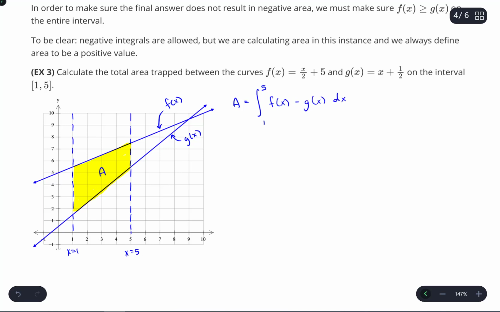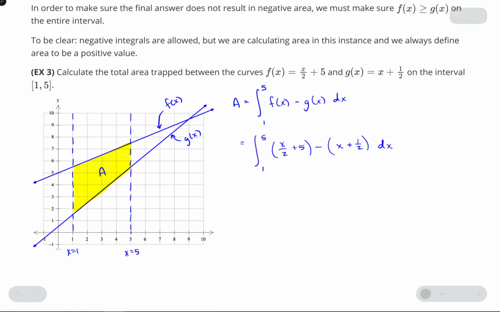dx. So in this case, it would be the integral from 1 to 5. F of x is x over 2 plus 5. And then we'll subtract g of x, which is x plus 1/2. And this is going to work out fine because f of x is entirely above g of x for this whole interval.